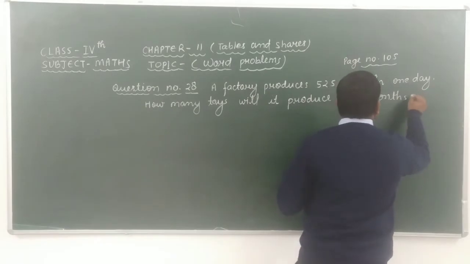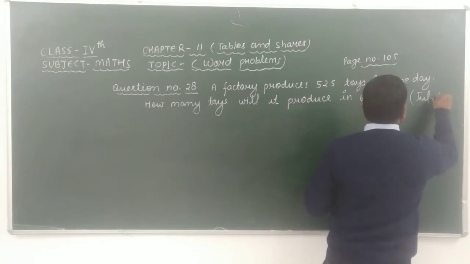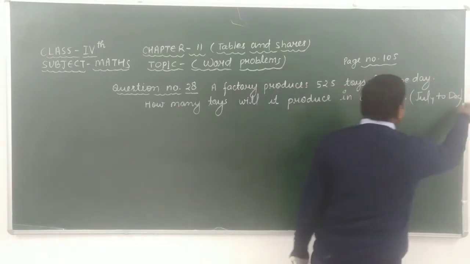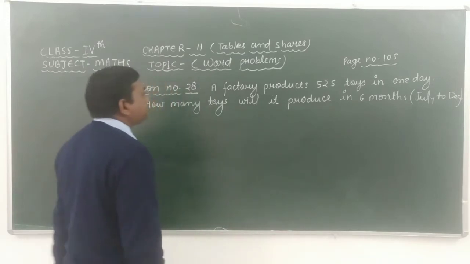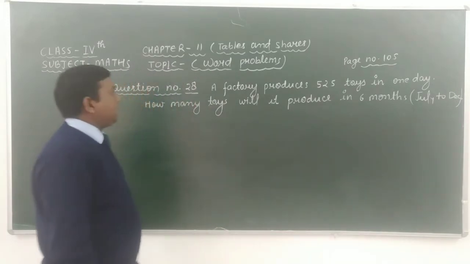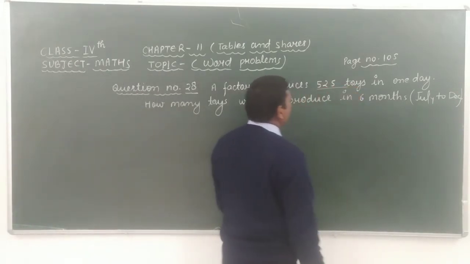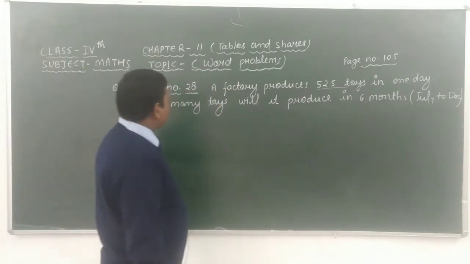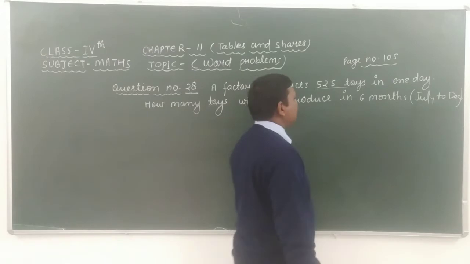In 6 months, July to December. Okay students, here given that a factory produces 525 toys in one day. Then in this question we find the total number of toys the factory will produce in 6 months.